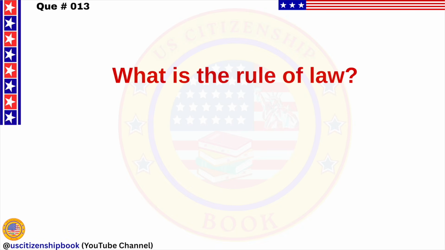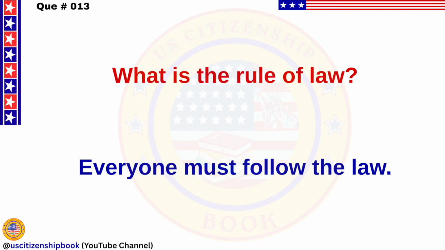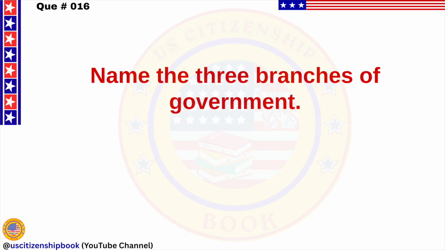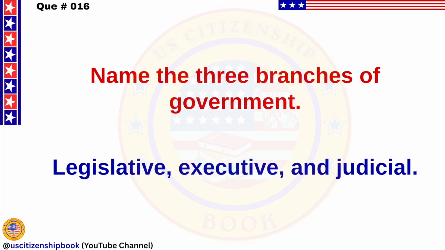What is the rule of law? Everyone must follow the law. Name the 3 branches of government. Legislative, executive, and judicial.